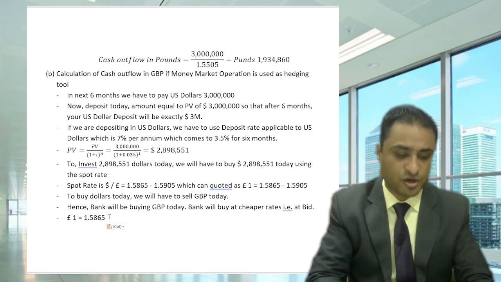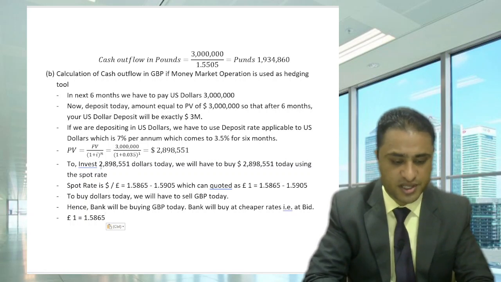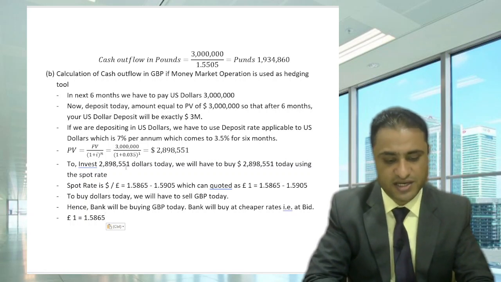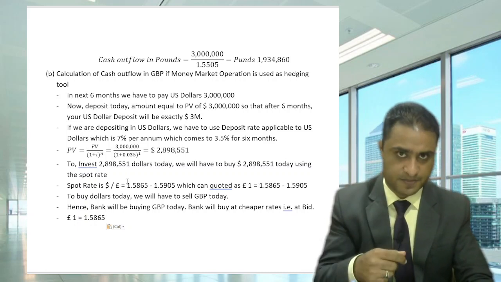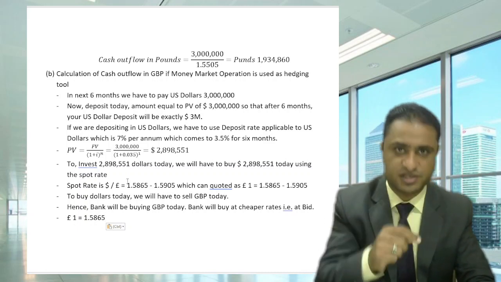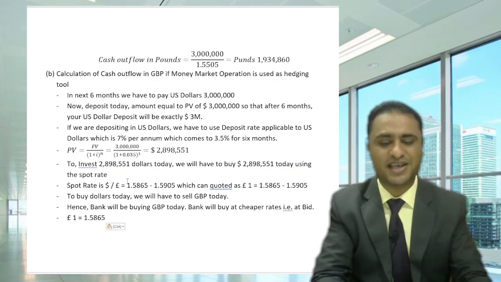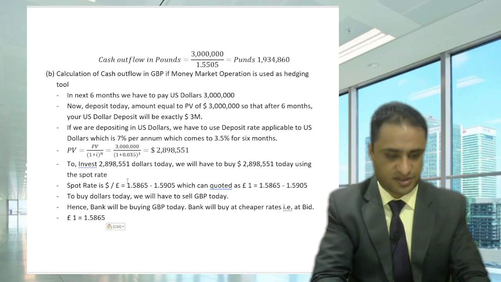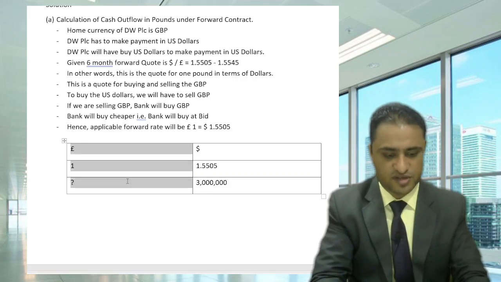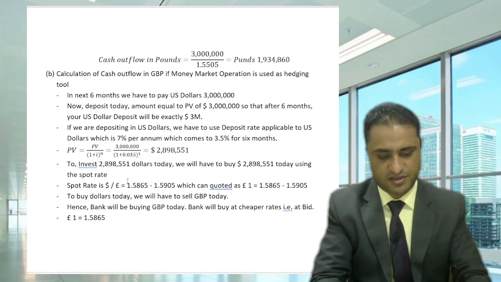So how much dollar you need today? You need 2,898,551 dollars, which is the present value of $3 million. So you have to invest this much dollars today to get exactly $3 million at the end of 6 months. Now let's do this cross multiplication thing again.